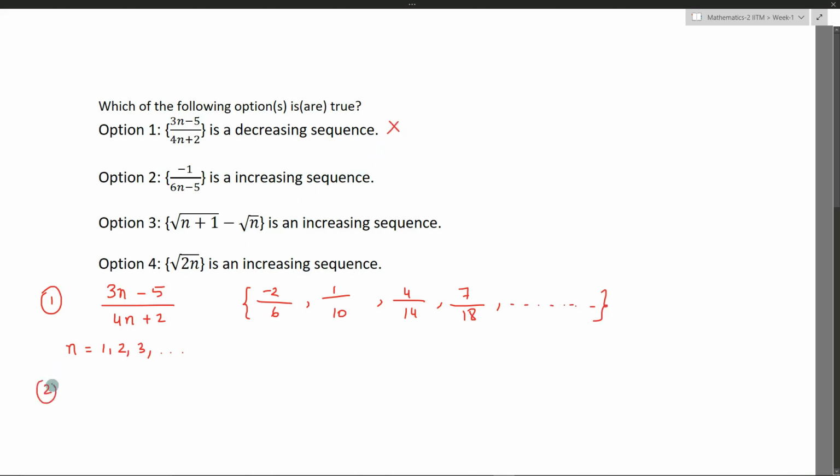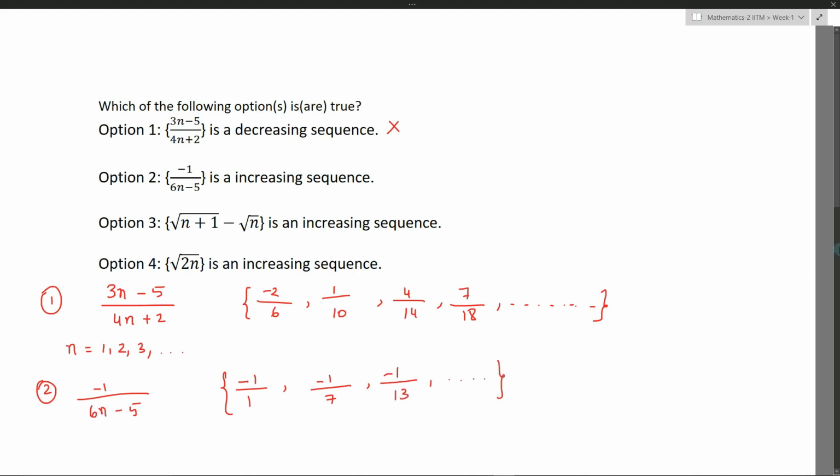What about option 2? Option 2, we have minus 1 divided by 6n minus 5. So if we substitute 1, 2, 3, let's say, minus 1 divided by 6 minus 5 is minus 1, comma, minus 1 divided by 12 minus 5 is 7, minus 1 by 7, comma, we have 6 into 3 is 18, 18 minus 5 is 13.